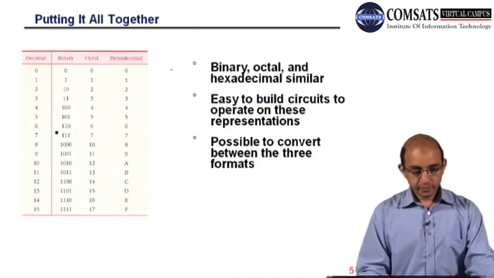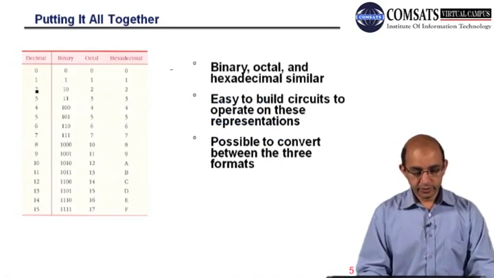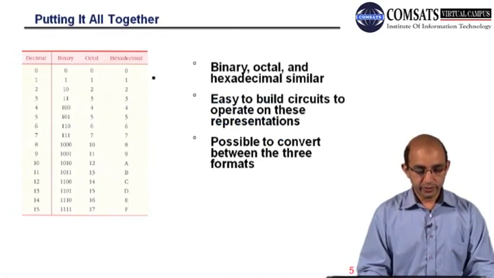So this is the story altogether: decimal, binary, octal, and hexadecimal. 0000 is 0, 0001 is decimal 1, and 1 in octal. 0010 is 2 in octal.